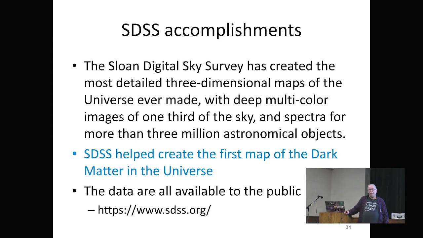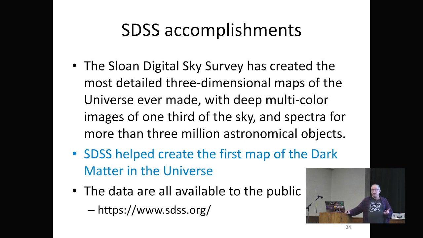The Adler Planetarium used to have a 3D map of the universe with the dark matter. That's what the Sloan Digital Sky Survey did. It created the first detailed map of the dark matter in the universe. And ultimately, I do another talk about the Sloan Digital Sky Survey. They added more telescopes. There's one in the southern hemisphere to see the rest of the sky.